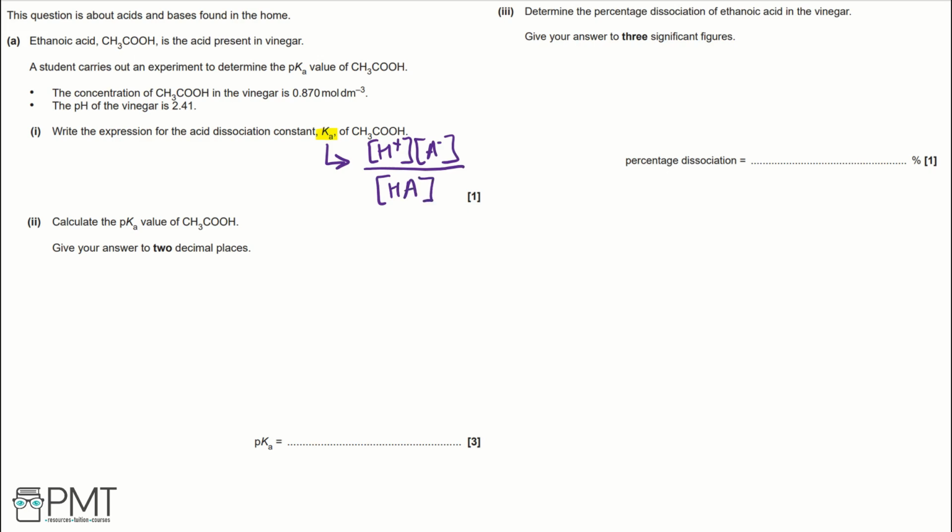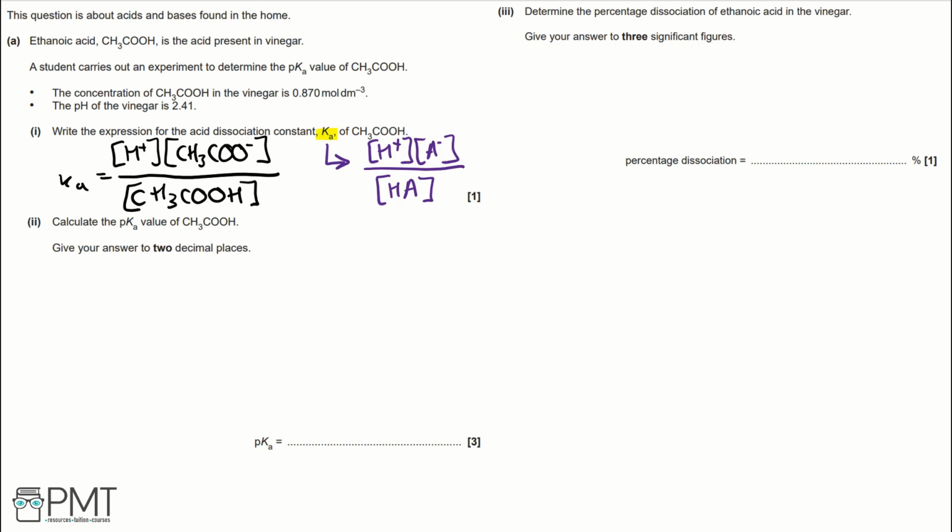If we apply this to ethanoic acid, our expression for Ka would be H+ multiplied by CH3COO- as our A-, and then over ethanoic acid, or CH3COOH. To get the mark for this question, you need to have the correct expression for Ka.